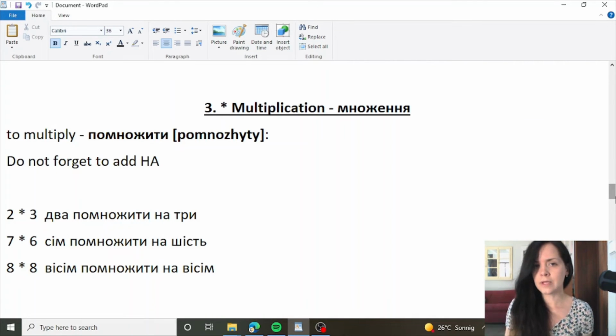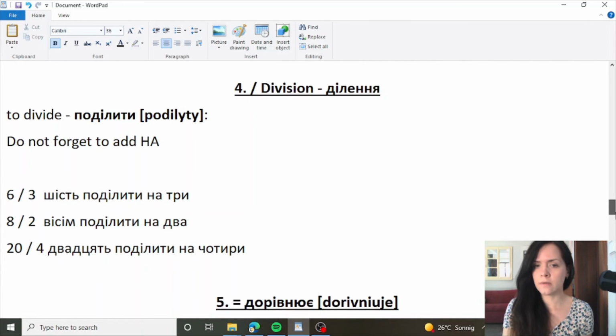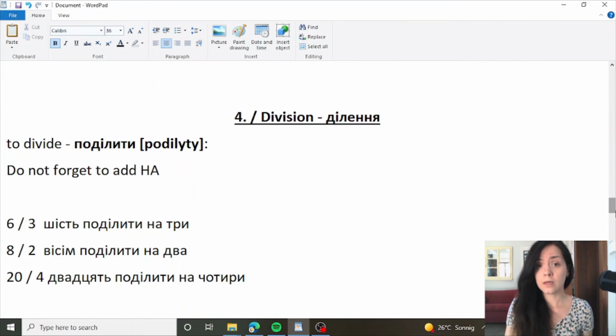So by default, if you are hearing a Ukrainian person saying that kind of phrase, usually the first thing you think about is multiplication, unless from the context you understand that they are talking division, okay? So 6 на 3 could also technically mean 6 divided by 3, but we need context for that. Usually, first assumption, first thought is about multiplication, okay?